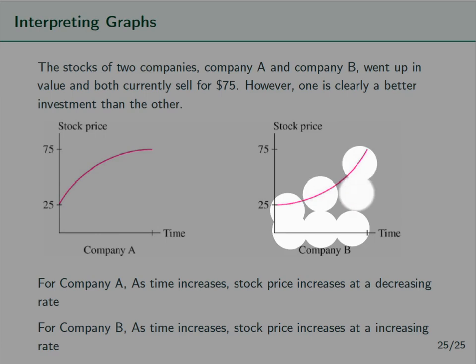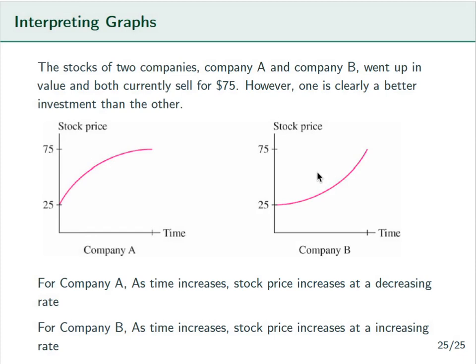So for uniform successive change in time, the amount of stock price change is increasing. That's why the stock price is increasing at an increasing rate. So in this scenario, company B will be the better investment.